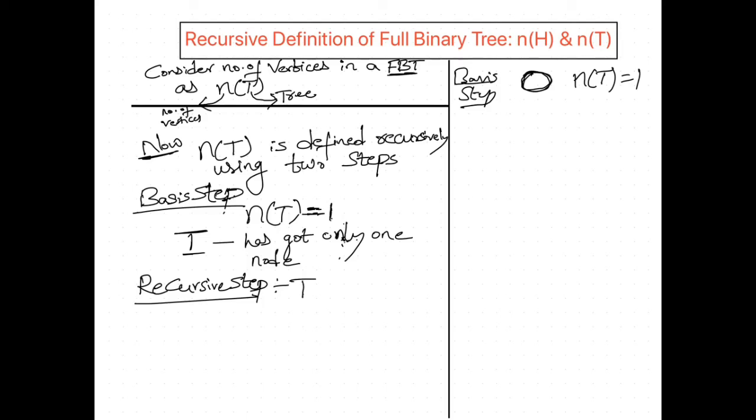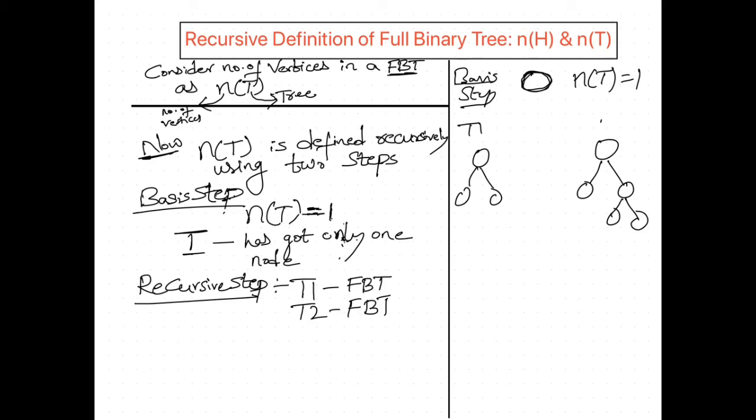I am considering T1 tree, which is a full binary tree. This is my T1 tree. I am also taking T2 tree, which is also a full binary tree. This is my T2, another full binary tree. With these two trees, T1 and T2, I am going to form another full binary tree, T1 dot T2.